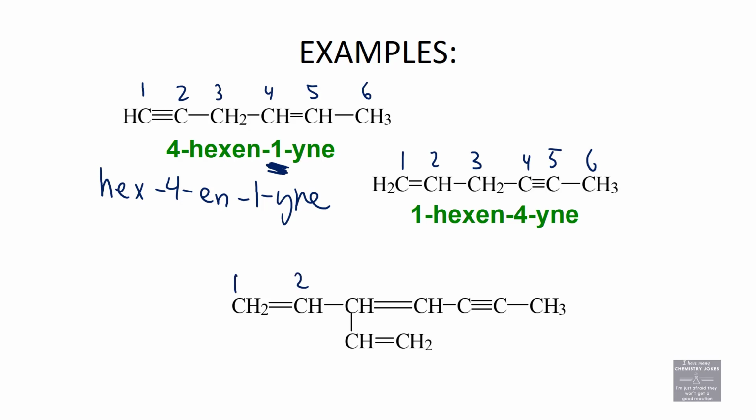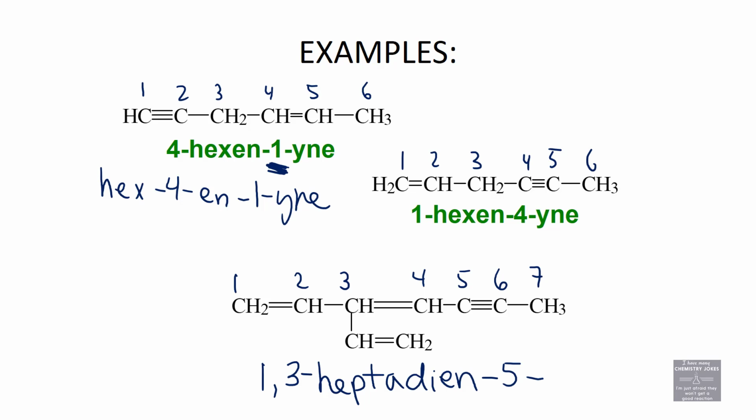In this last one, we have multiple alkenes. We're trying to give them the lowest number possible, and that's numbering this direction. So that's a hept... it's a heptadiene because we have an ene on carbon 1 and carbon 3. And we have a yne on carbon 5. We have this group as well.